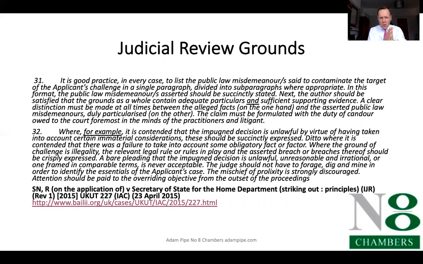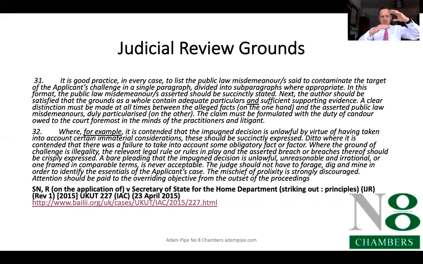So set out what's the target of the challenge, what are the errors, and then paragraph 31, provide particulars and the supporting evidence. So what I tend to do is in my ground section, I'll set out a summary paragraph that the Secretary of State hasn't properly assessed insurmountable obstacles and they're irrational in their approach and there's no consideration of Article 8 outside the rules.